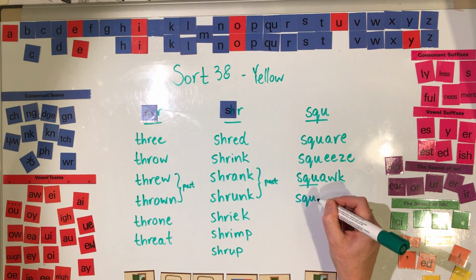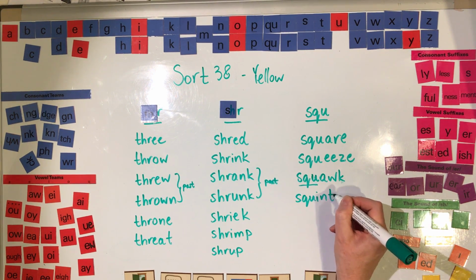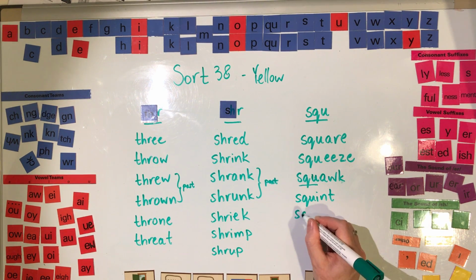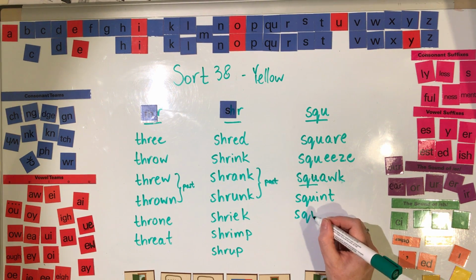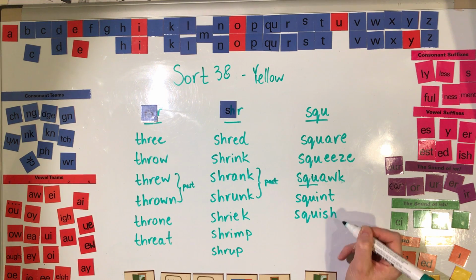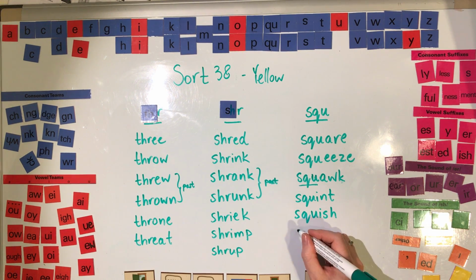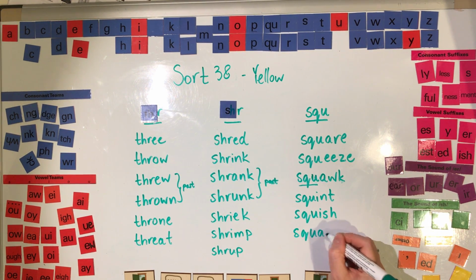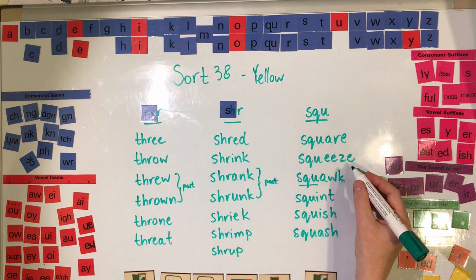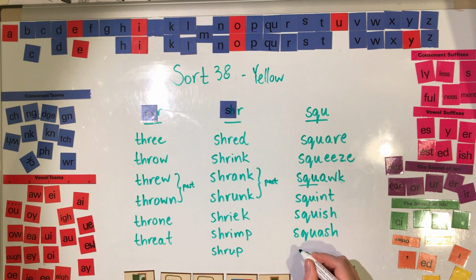Squint. Squint means you sort of scrunch your eyes up because it's a bit sunny. Squish. You might be sitting next to a very large person in an aeroplane and say, oh, I was a bit squished. Squash. That means to push something down. We've got squeeze, squirt. It's actually quite a lot of SQU words. Squirt. We've got squeak, SQ. Oh, sorry.